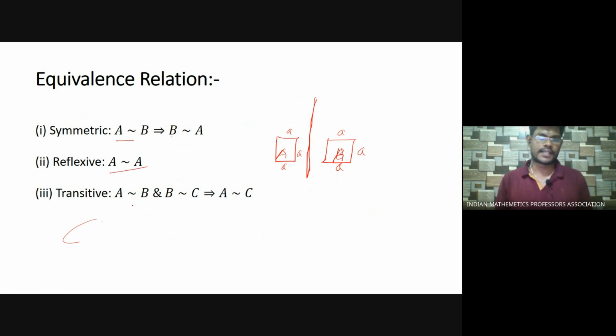And the transitive: here we have one of the important results. A is related to B and B is related to C, then easily we can write A is related to C. Here we have another square, that is C. So A is related to B and B is related to C, and easily we can check A is related to C. This is one of the important concepts, that is, types of relations.